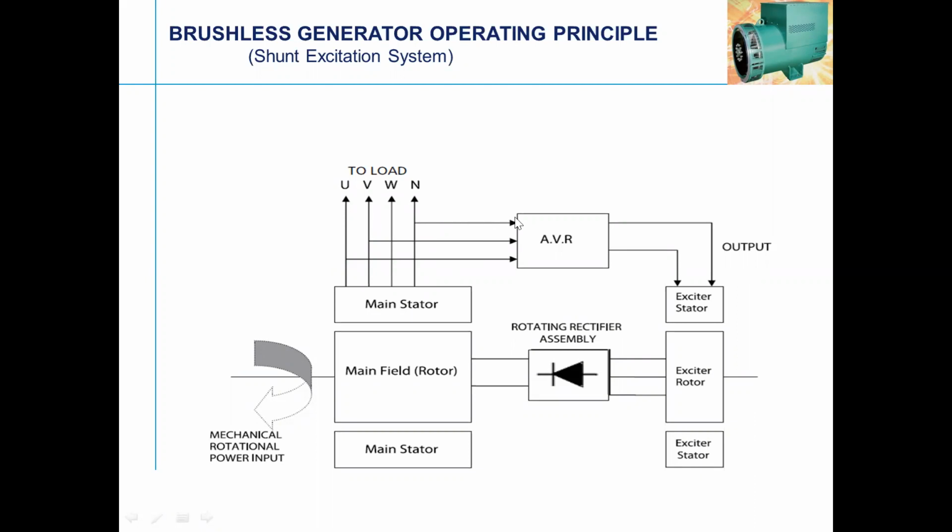This is a shunt type of excitation system. This is one variant. There are some advantages and some disadvantages. Probably we can have a different session to compare shunt, RF, and PMG with load application. There is a big subject on that. We can discuss that.